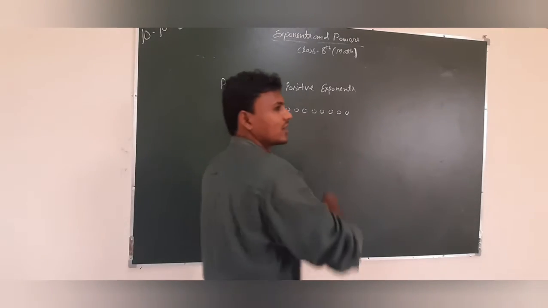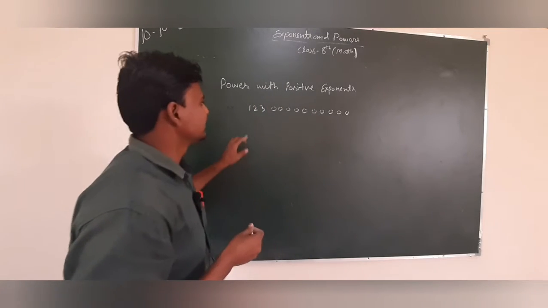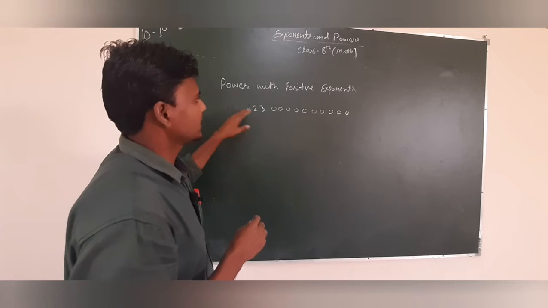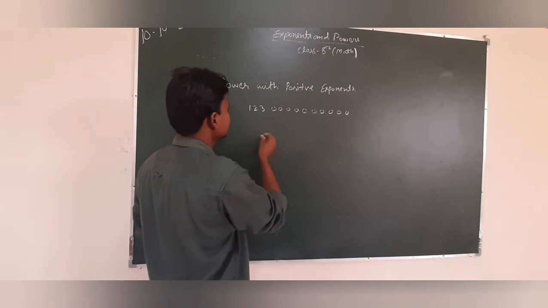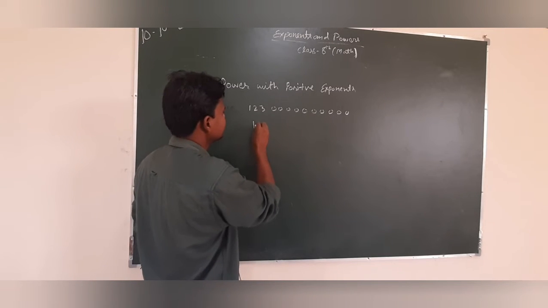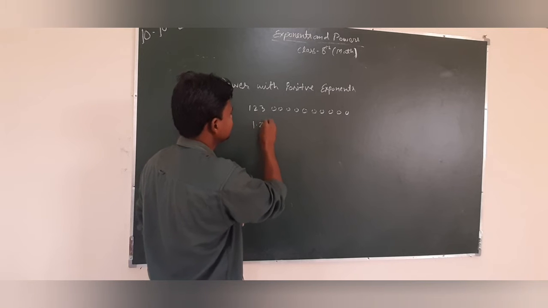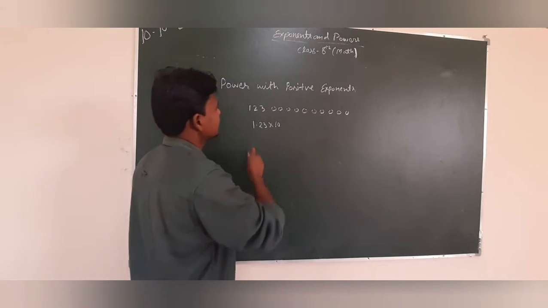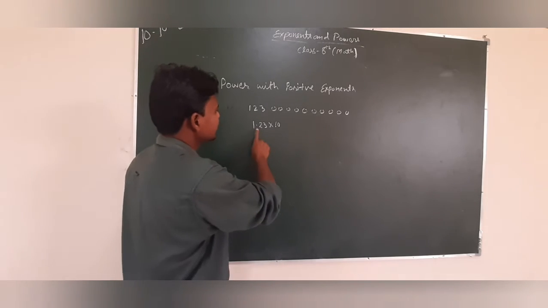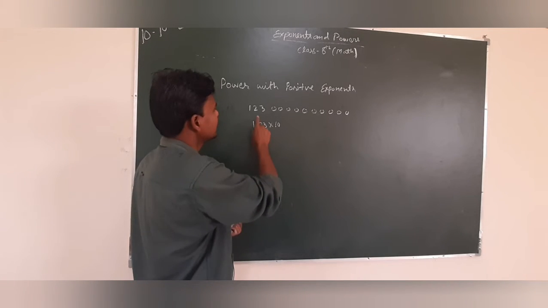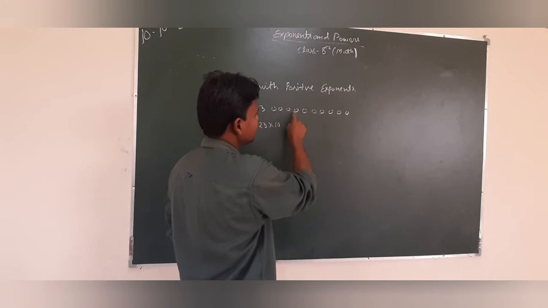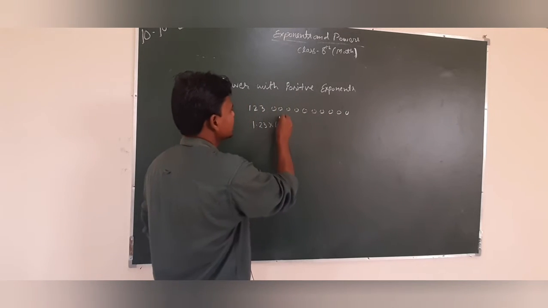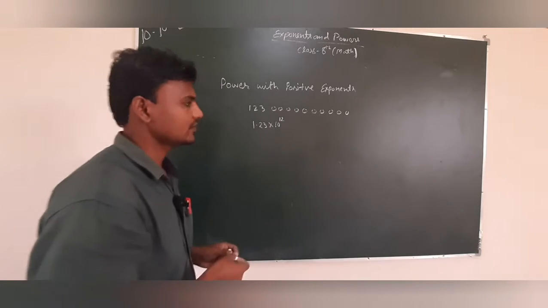This number is so large, we can write this number in the form of exponents, like 1.23 into 10 to the power of some places. We count the places from the point. Here 1 2 3 4 5 6 7 8 9 10 11 12, that is raised to power 12.